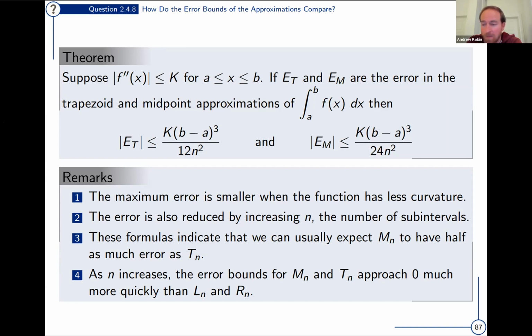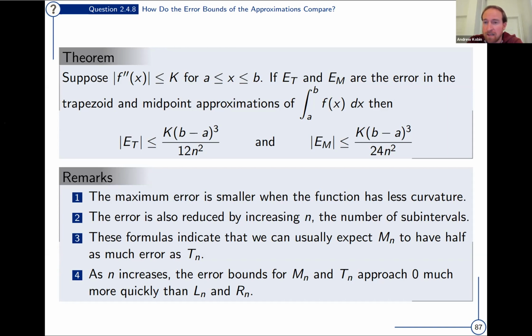So here's a couple of remarks about all of this, then we'll wrap things up with one more example. The maximum error in general tends to be smaller when the function has less curvature, meaning it's closer to a straight line. We're using straight lines to approximate things. So if our function looks like a straight line, then the error is smaller. In general, and this is going back to Riemann summation, if we increase the number of rectangles or trapezoids, or in general, the number of subintervals we're approximating with, the error also goes down.